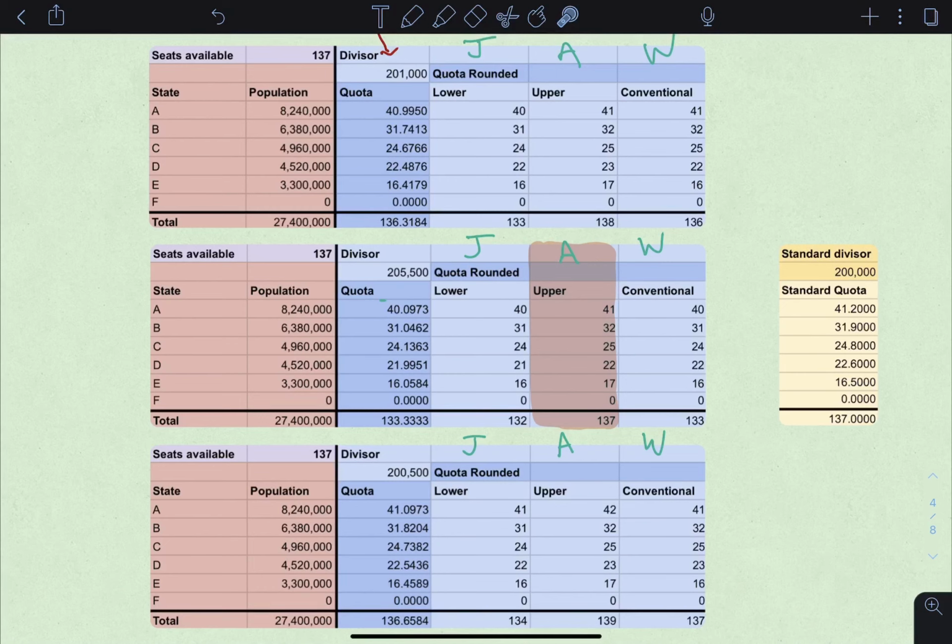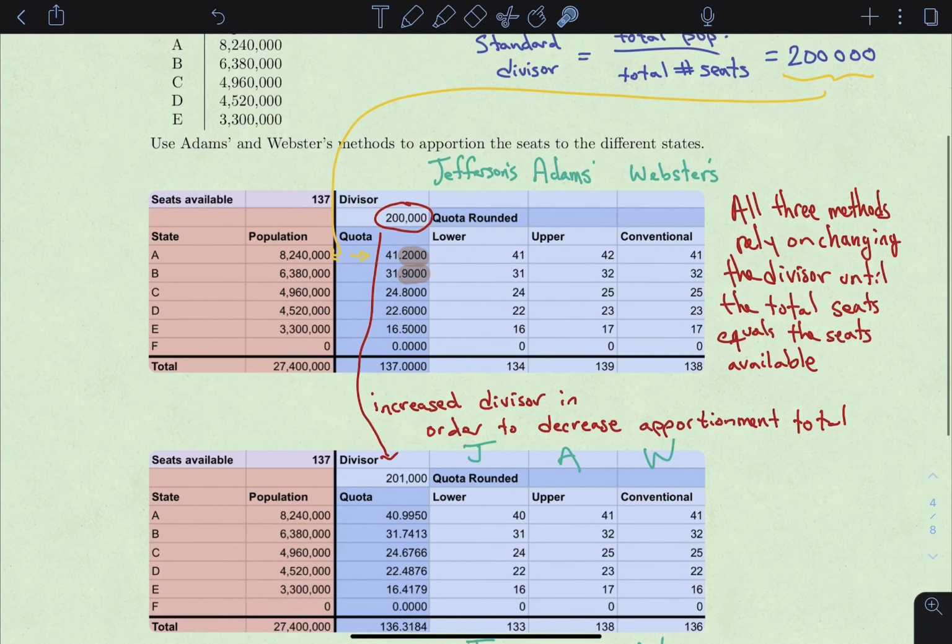Now for Webster's method, from the standard quota, we did have to increase the divisor. We can scroll back up for that. Notice that with the standard divisor of 200,000, we had, via conventional rounding, apportioned 138 seats when we only had 137.